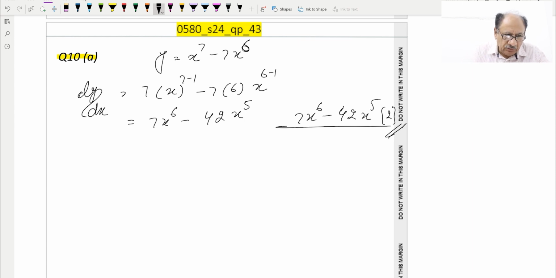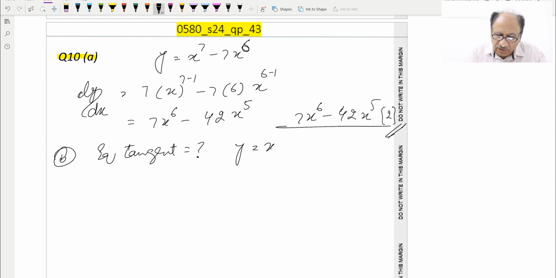Now the b part says find the equation of the tangent. So the equation of the tangent is required to the graph, and the graph is given y is equal to x raised to the power 7 minus 7x raised to the power 6 at the point where x is equal to minus 1.